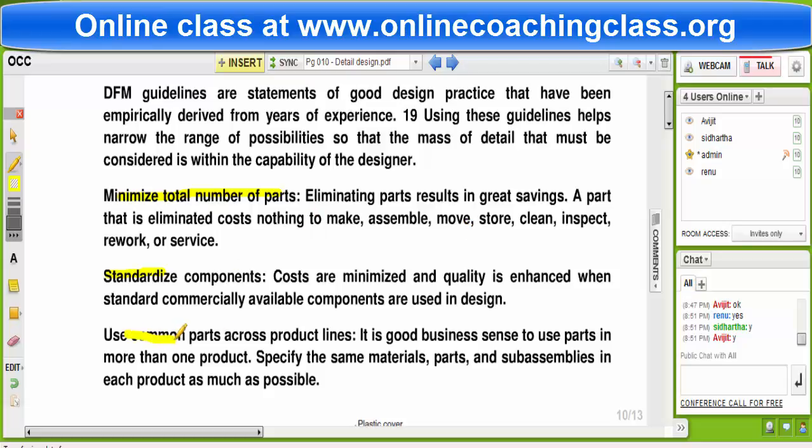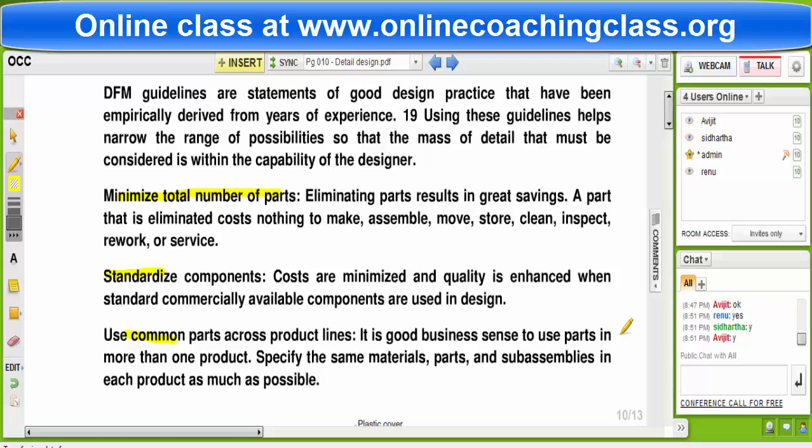Use common parts across the product line. It is good business sense to use parts in more than one product. That means the same parts are used in different mobiles. Suppose you have a mobile company. You made a speaker, and this speaker is able to fit in your 20 different mobile models.